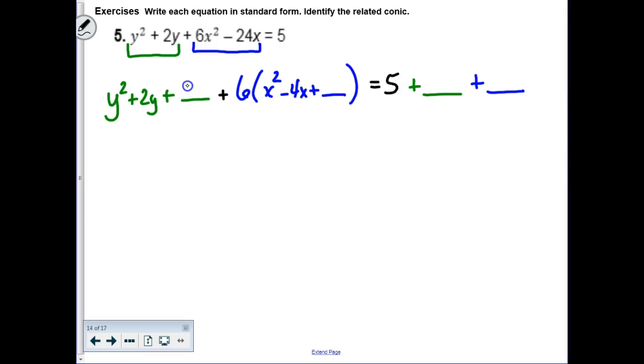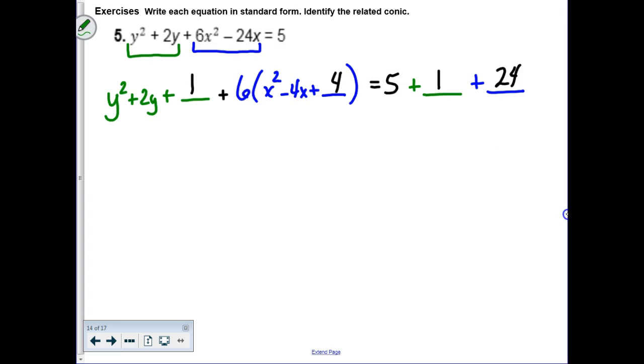To complete the square on the y's, half of that squared would be a 1. And to complete the square on the blue part, half of this squared would be a 4. But what are we really adding to this equation? A 24. So watch out.